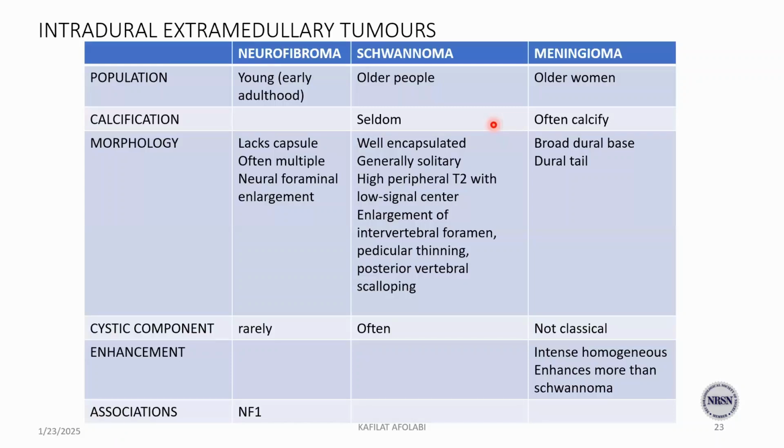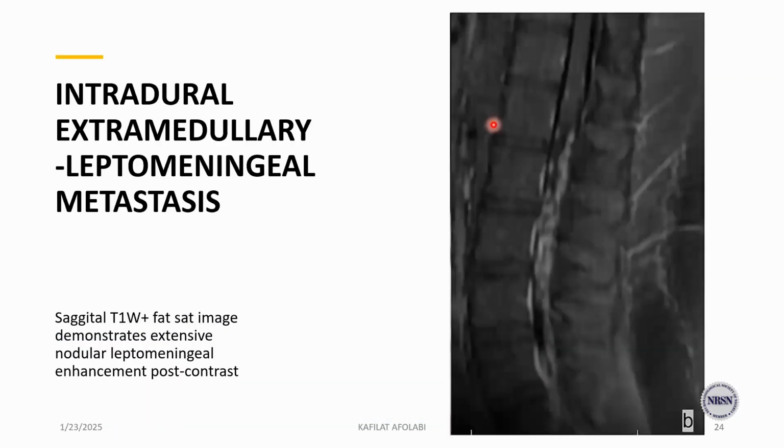But we should note that meningioma generally brilliantly enhances and is enhanced better than these two others. So again, like I said earlier, if there's a history or feature suggestive of neurofibromatosis, then neurofibroma is likely.